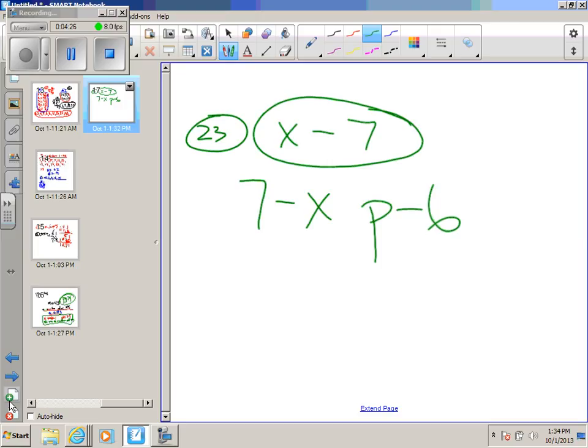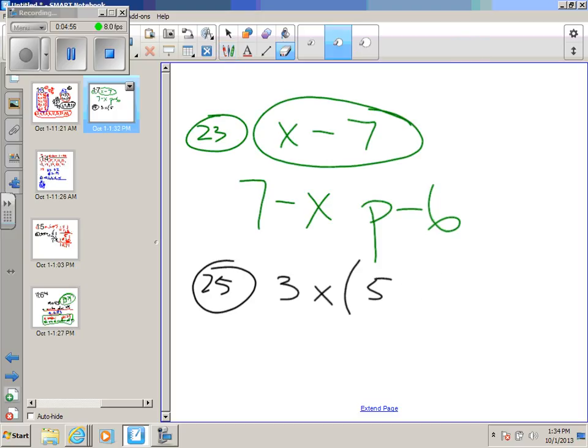25. If you just have 33 down, it's going to be wrong tomorrow. Specifically, they want the distributive property. So, if we look and say 3 times a 5, plus a 6, they want us to use the distributive property, which means you have to show some evidence of the distributive property.